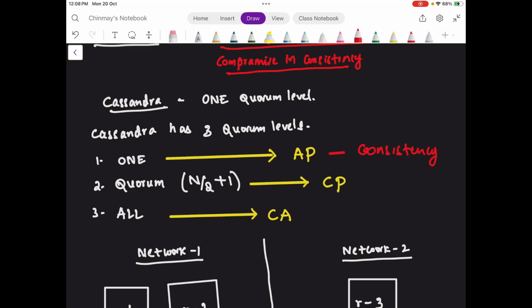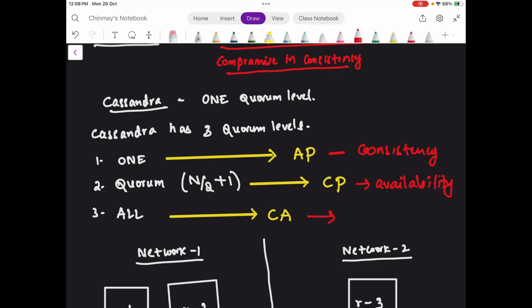We already discussed the case with quorum level n/2 plus 1. What is compromised there? Availability is compromised. If network 1 is completely down and all requests go to network 2, quorum level is not satisfied, so reads and writes will not work and the entire cluster is down. With quorum level all, all the servers should be alive.